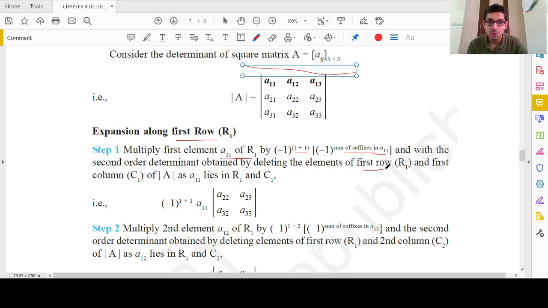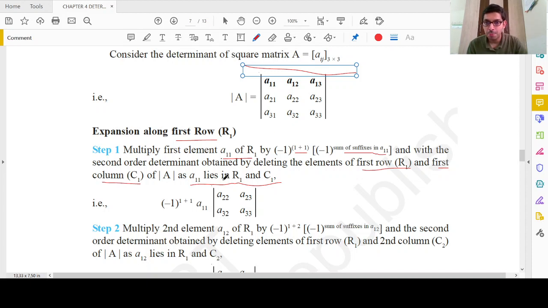Why did we delete the first row and first column? Because A11 lies in the first row and first column. After deleting them, we get a determinant of order 2 by 2.